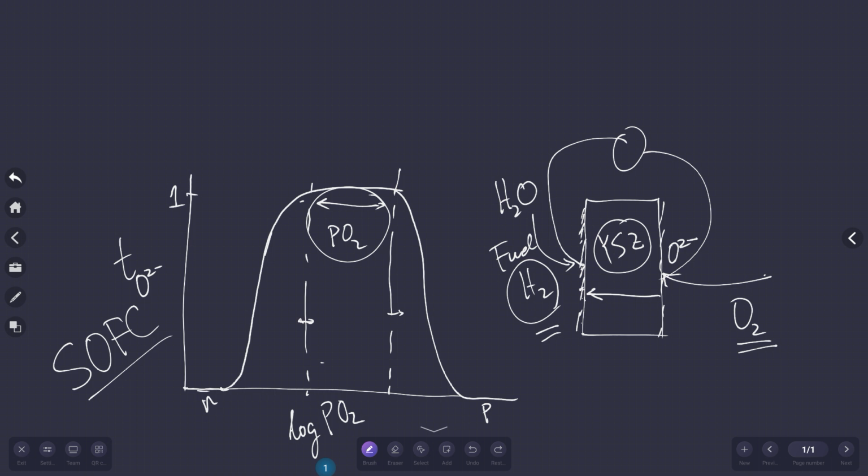So that's the advantage. By the way, there's a much better oxygen conductor: I think it's bismuth oxide, I can't remember. Delta phase of bismuth oxide is a much better oxygen conductor than stabilized zirconia. But nobody talks about bismuth oxide being used in devices.